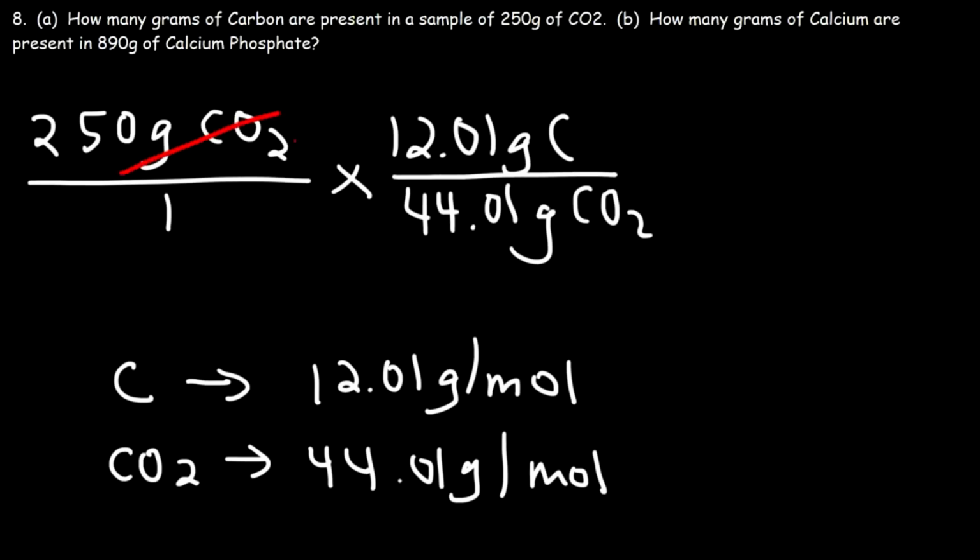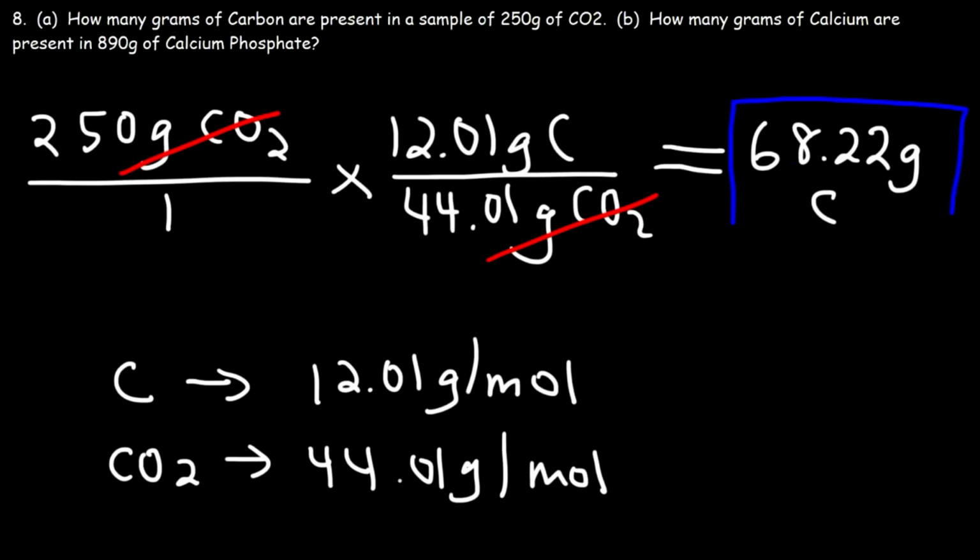And so for this particular example, we could do a gram to gram conversion. So it's going to be 250 times 12.01 divided by 44.01. And so you should get 68.2, or let's just say 68 grams of carbon.